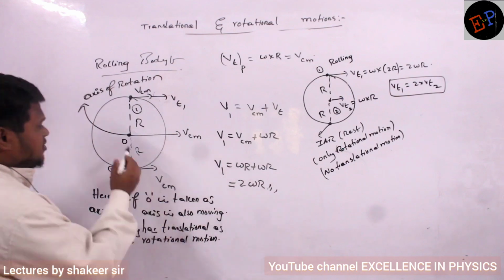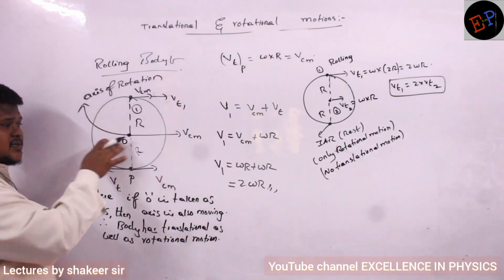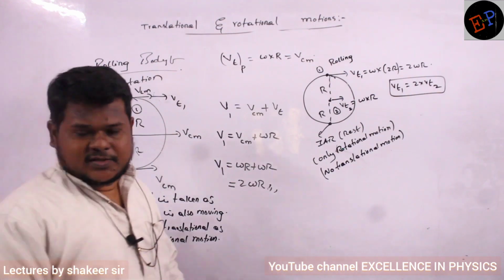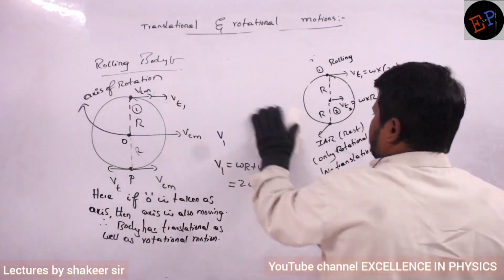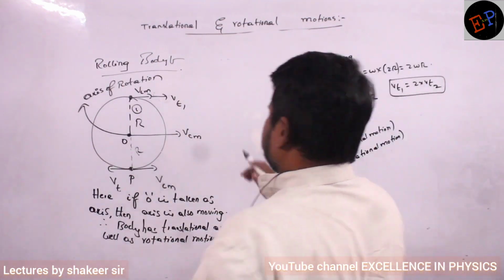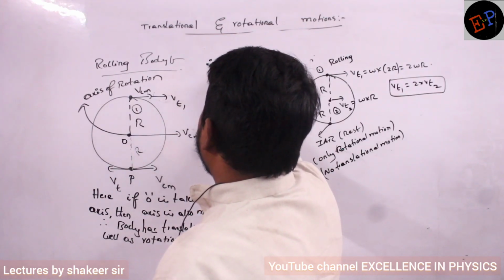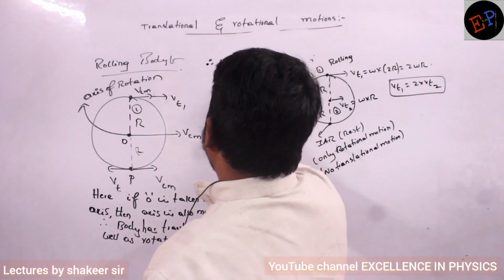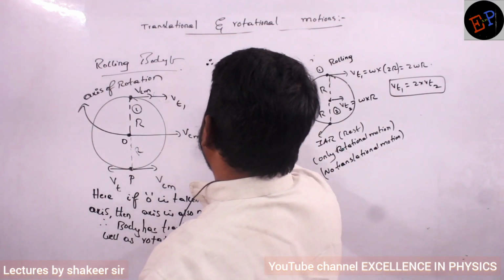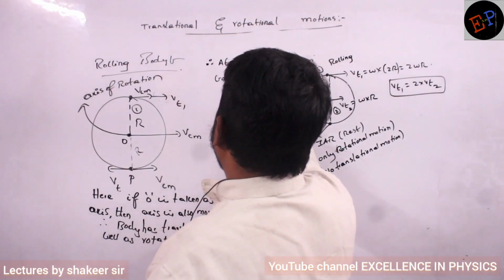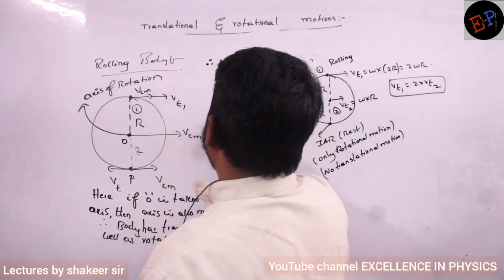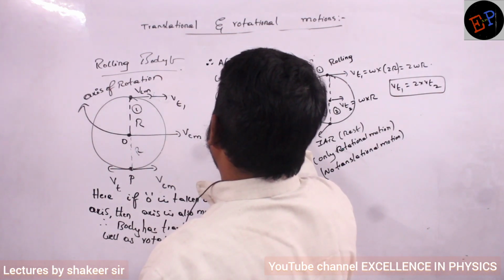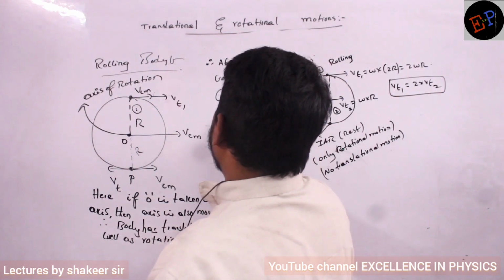So if I take this one to be the axis of rotation, then it will have translational motion also, rotational motion also. Therefore at every point both velocities should be considered: velocity because of translation, velocity of rotation.